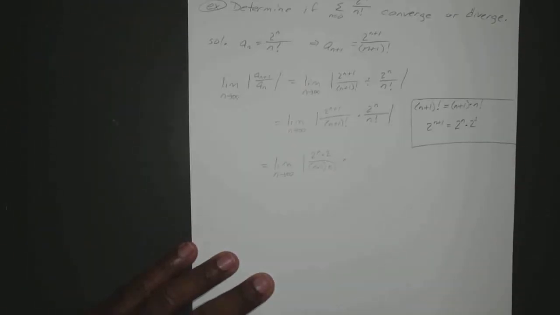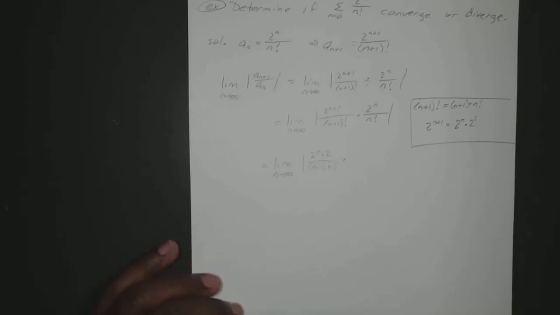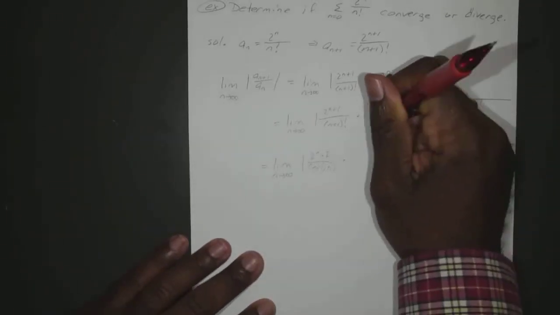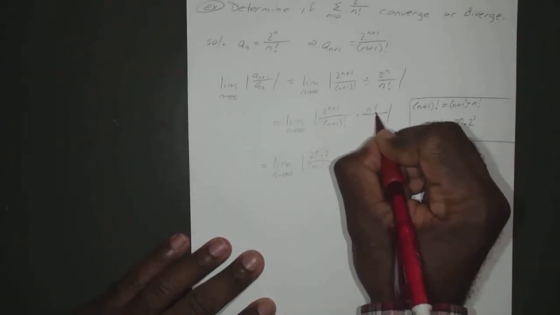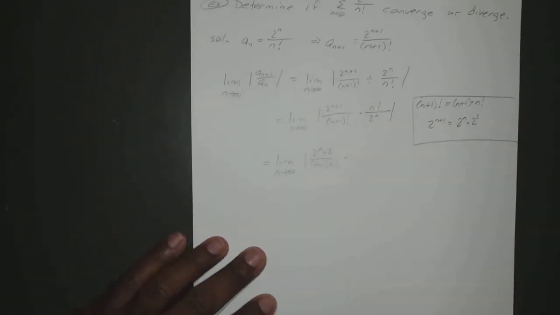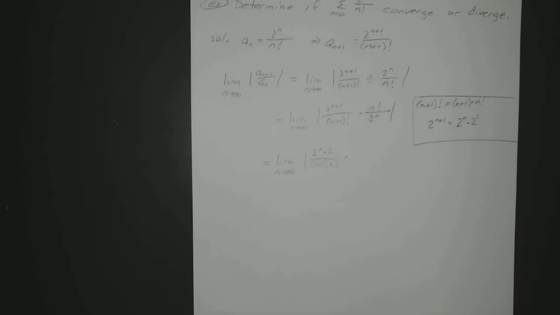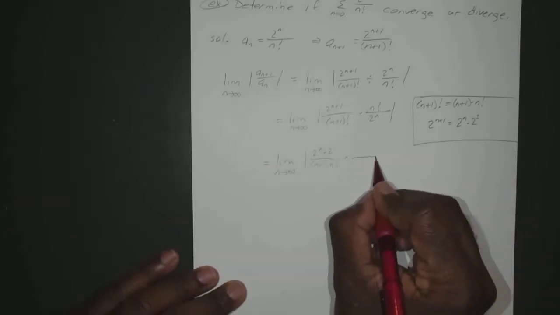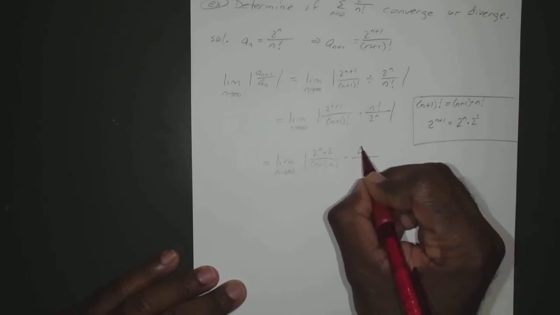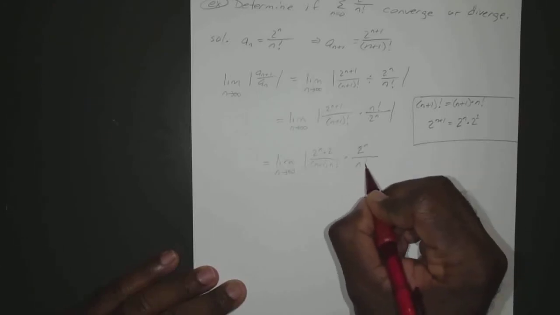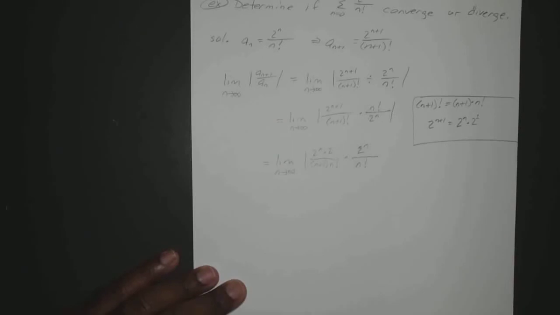Times, oh, that one actually should have flipped. Forgot to flip it. That should have canceled out, so that should be n factorial over 2 to the nth power. Sorry about that. But you can always tell if you forgot to flip it, because if nothing cancels out, you'll know why.